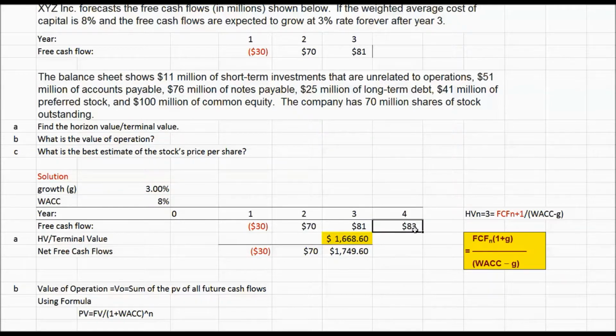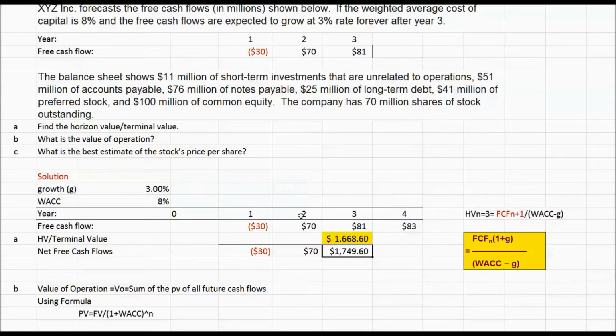Now, to find this value here, you just use this number. So this one equals this divided by WACC minus growth rate.